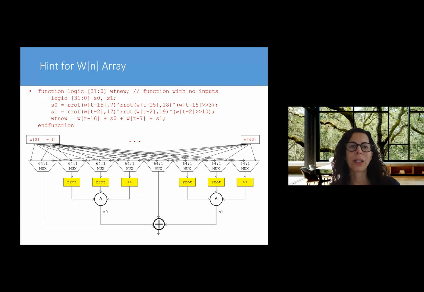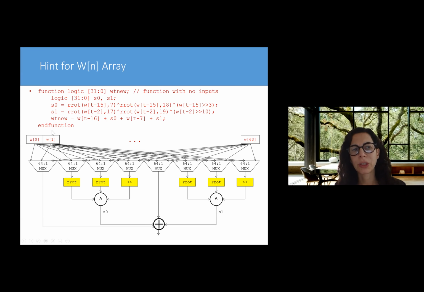Let's think about the WN array. If you write it as a function where you have a WN array which has a big size, then what happens when you synthesize is that it's going to make copies of these registers, like 64 registers, because as you see here, we're talking about the WT new, which is basically computed based on what is available in the registers.